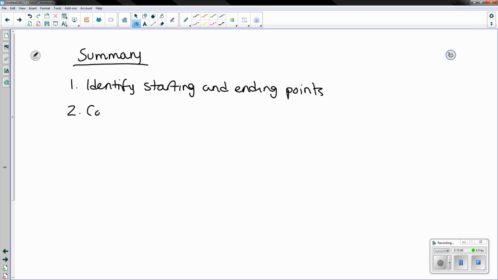So calculate the total horizontal and vertical distance from one endpoint to the other.